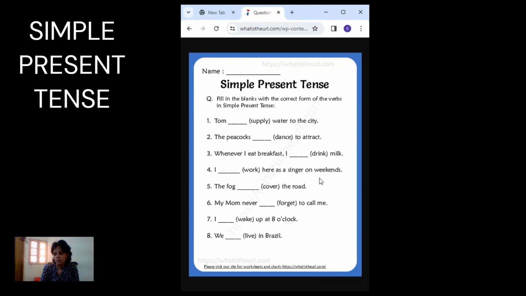Maybe the person works only on weekends, and that is the reason he is saying it like that. On weekends means Saturday and Sunday, both days. He works there on those two days. Maybe he goes there to sing songs.